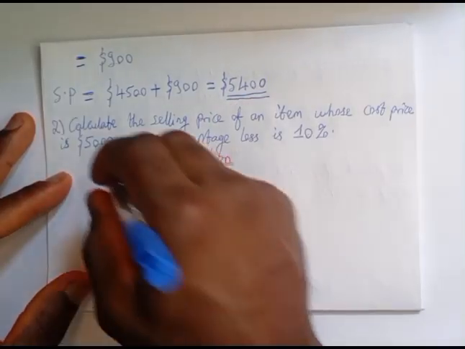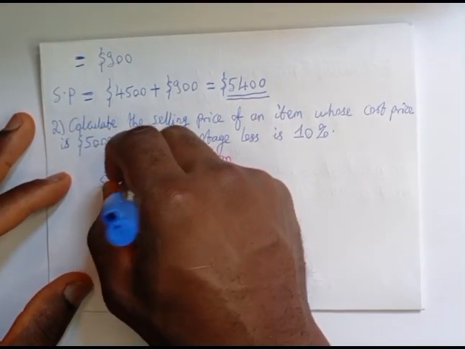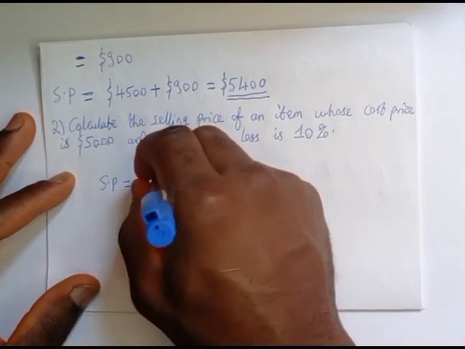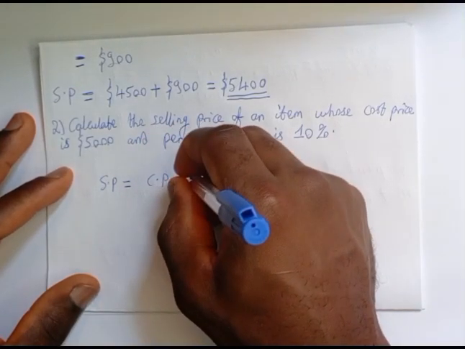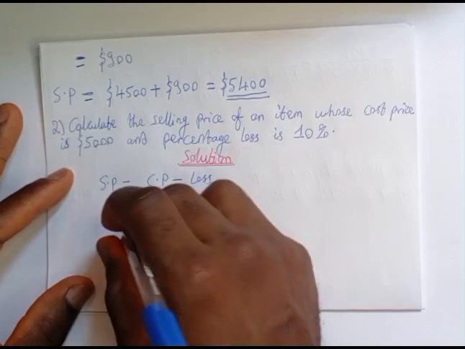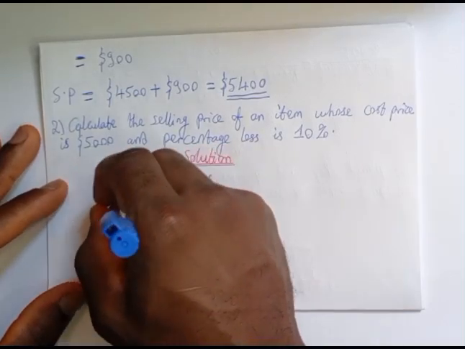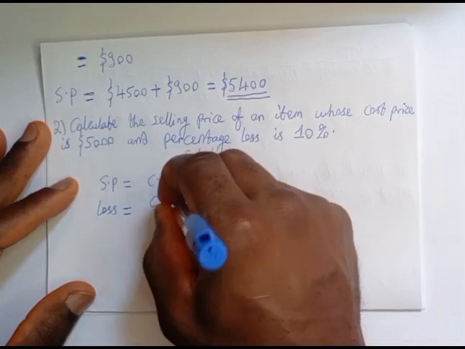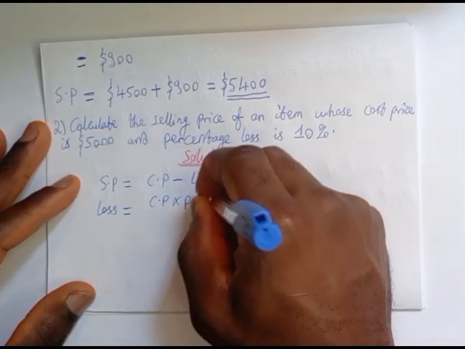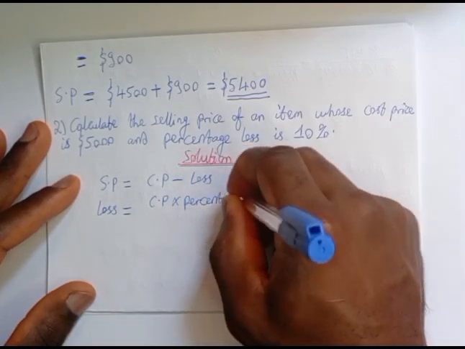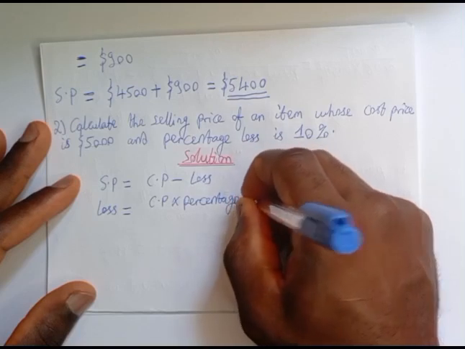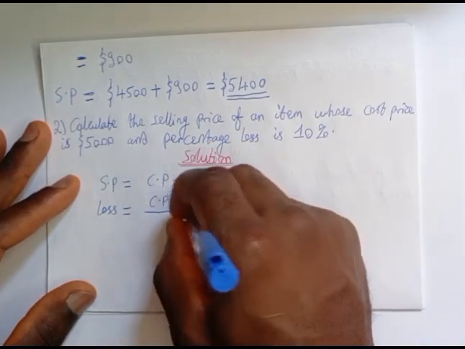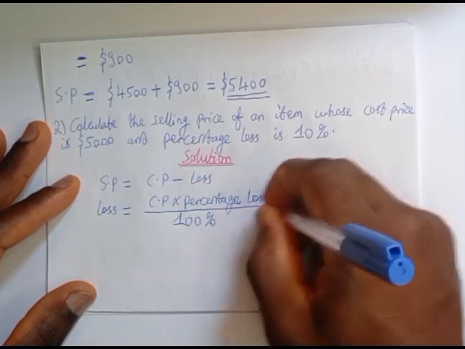Since a loss was made, the selling price of the item will simply be equal to the cost price of the item minus the loss. We need to find the loss. Loss is simply equal to cost price times the percentage loss, we divide by 100%.